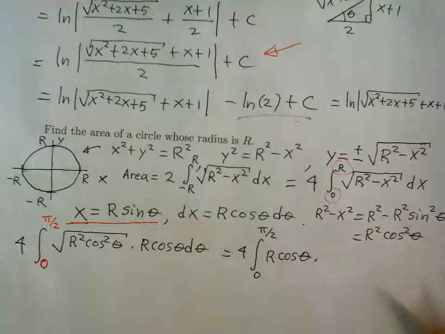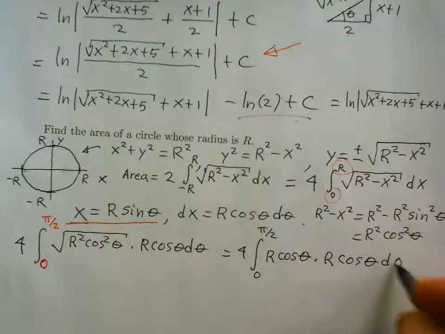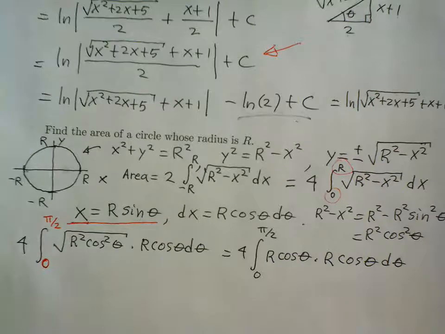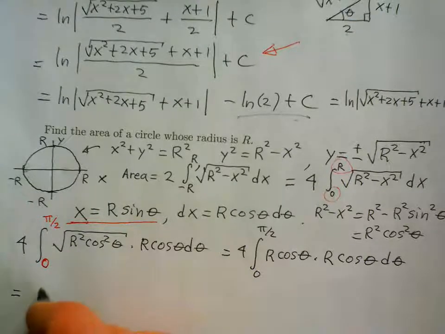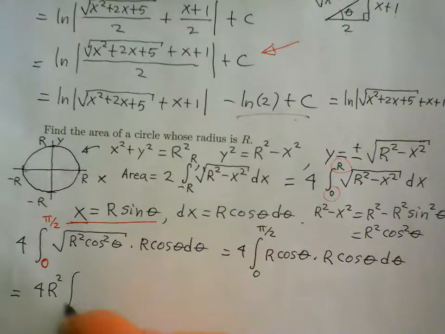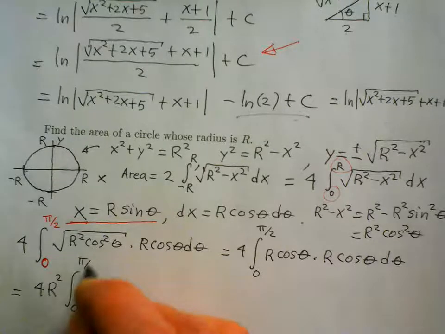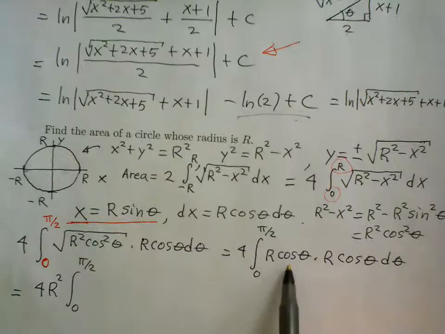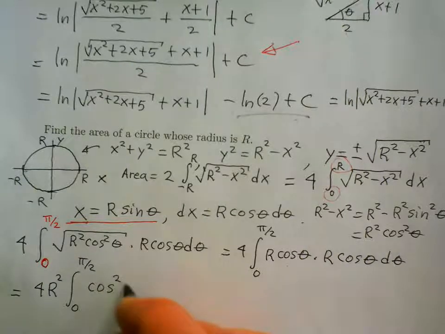We multiply that by R times cosine of theta d theta. The constant is R squared, so I'll bring that constant out front, so it's 4 times capital R squared times the definite integral from 0 to pi over 2. And then cosine of theta times cosine of theta d theta is cosine of theta squared d theta.